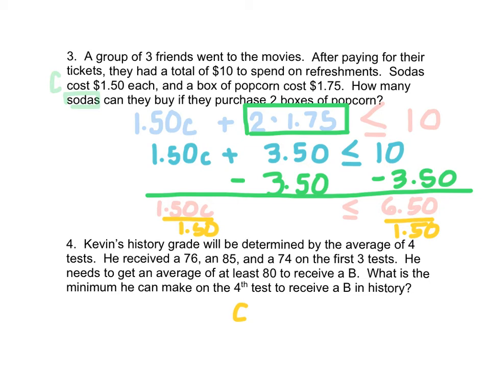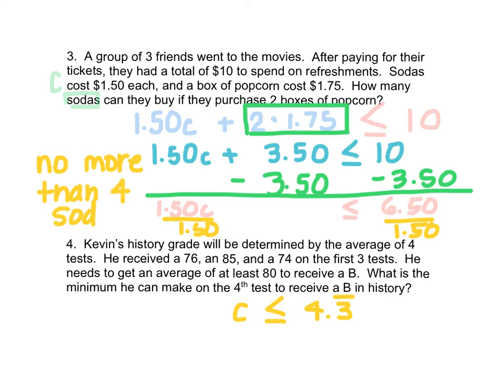C is less than or equal to 4.3 repeating. So what does that mean? Can they buy a third of a cup of Coke? No way. So the solution would be that they can buy no more than 4 Cokes or 4 sodas. Or you can say they can buy at most 4 sodas.